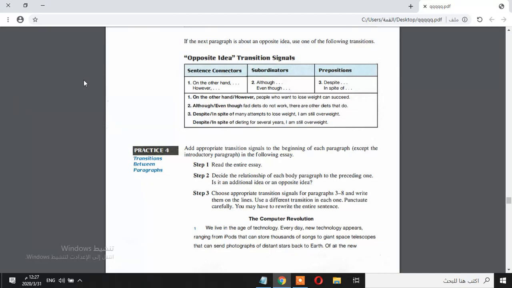Despite, not despite of; despite and in spite of. Since they are prepositions, they must be followed by a noun phrase or a noun. Despite her illness, she decided to go to her work. In spite of his hard work, he unfortunately didn't get a high mark.